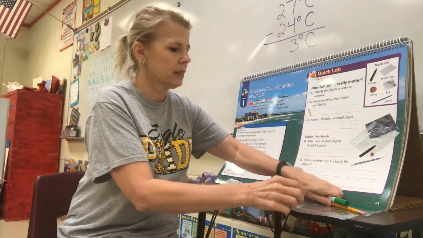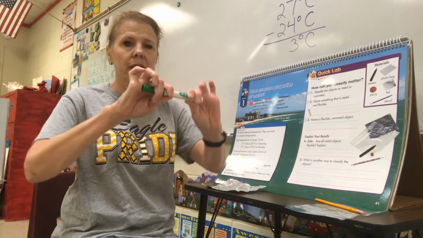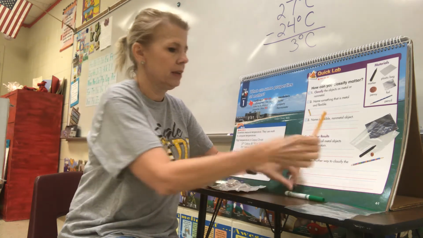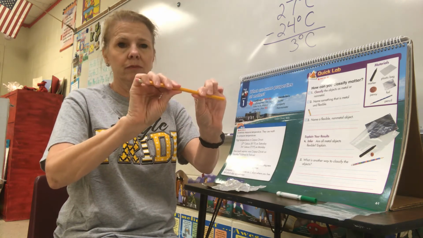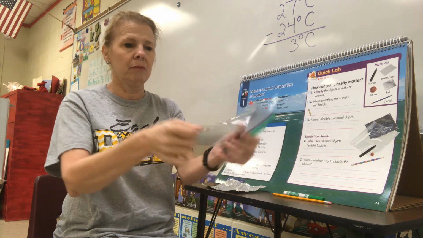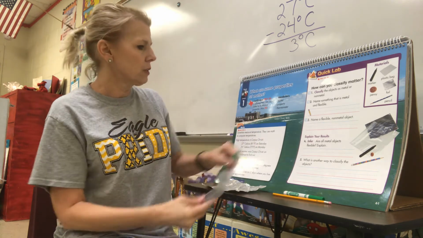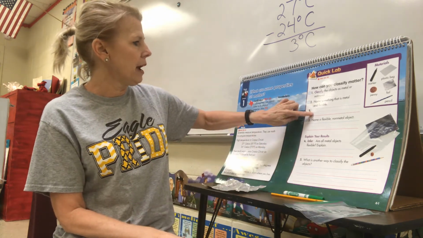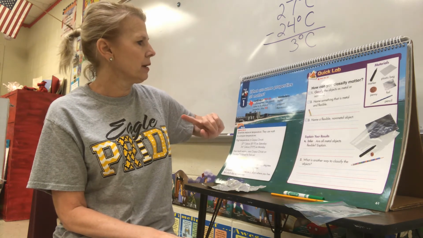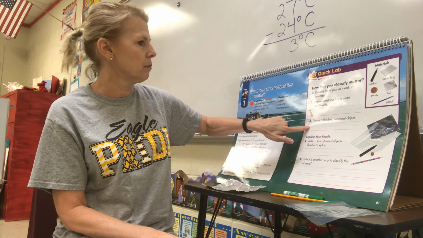So we're gonna look at these. Can we bend the marker? No. Can we bend the pencil? No. Can we bend the plastic bag? Yes. So here we have the foil. Here we have the plastic bag.